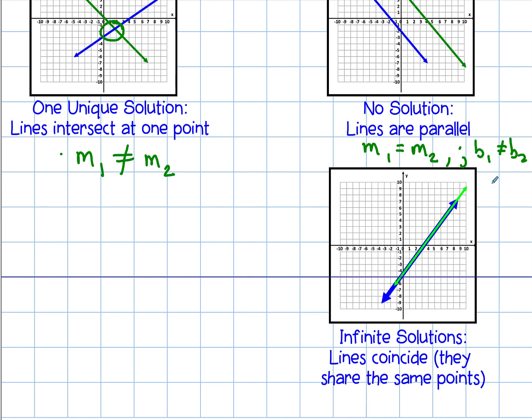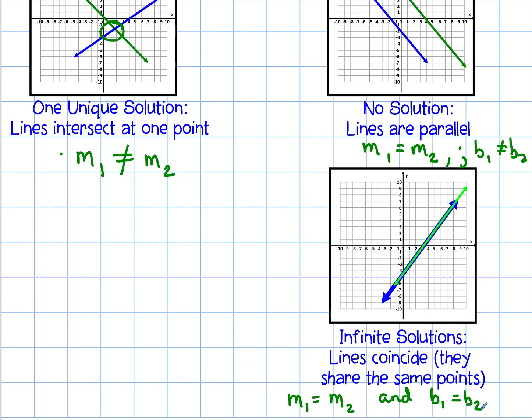Okay, so what that means about the equation of the line is that the slopes are exactly the same and the y-intercepts are exactly the same. And that's because the equations are exactly the same equation.